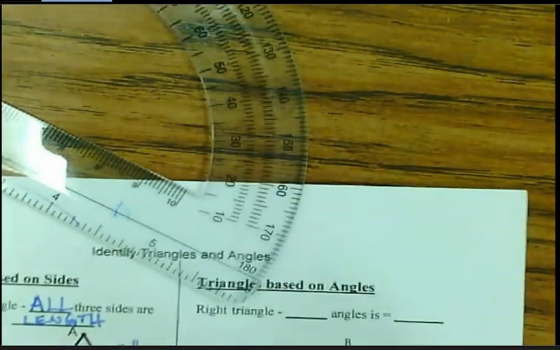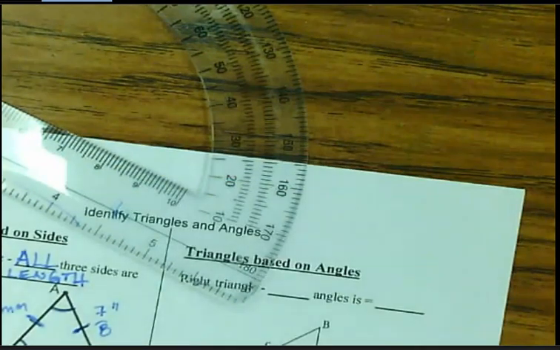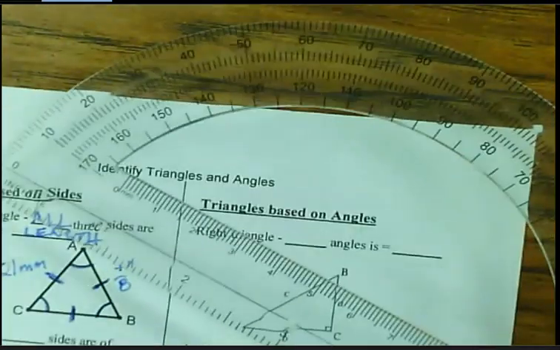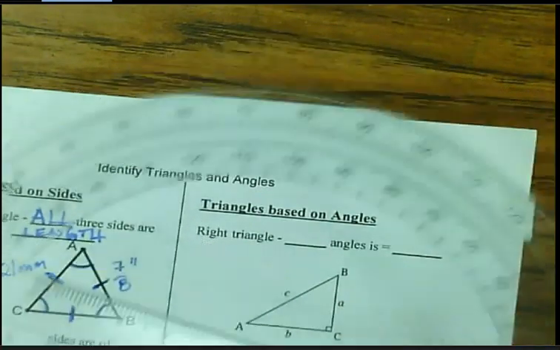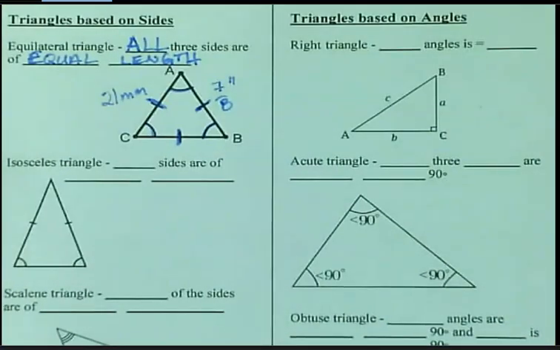Okay, so you can also say it's 21 millimeters. So you don't have to try to mess with fractions, and that's okay. So either way, by the way, this is called a protractor, and this is what we'll use to look at the angles.